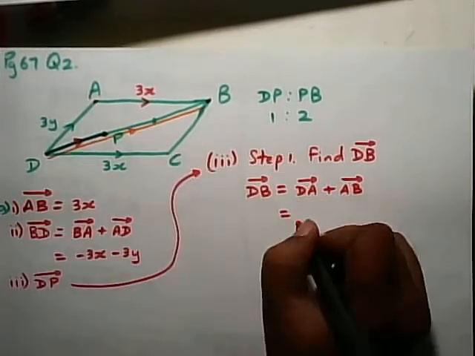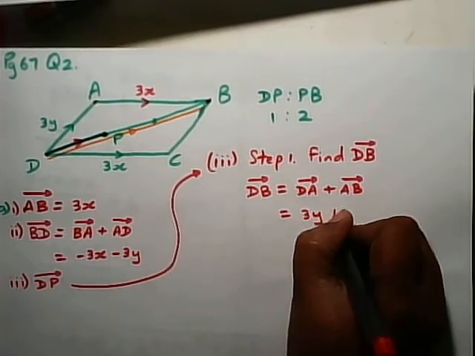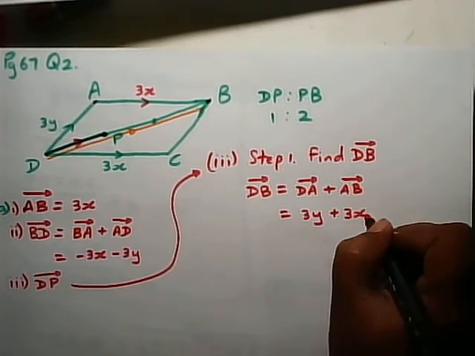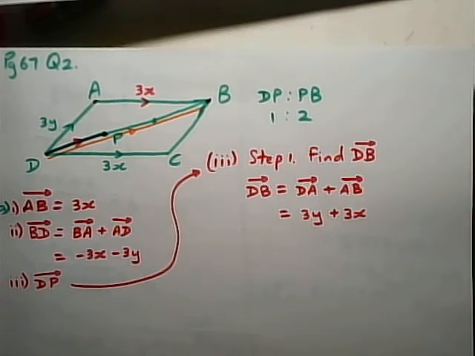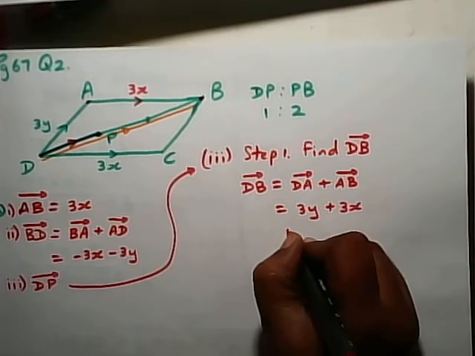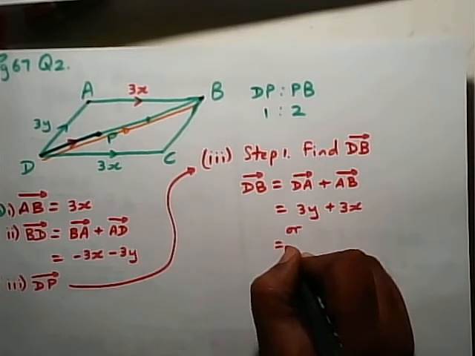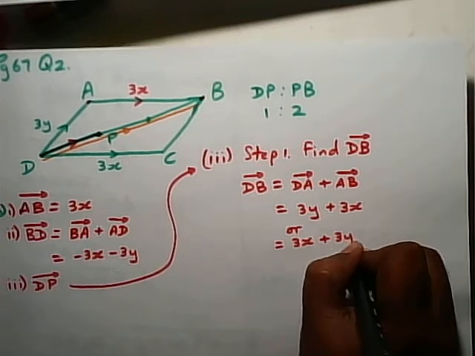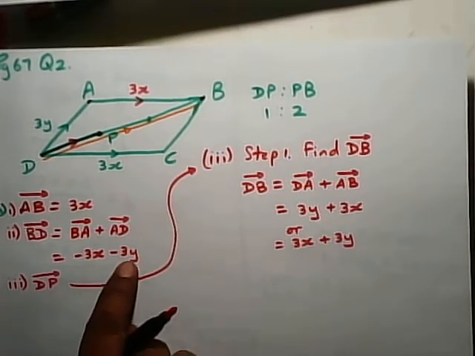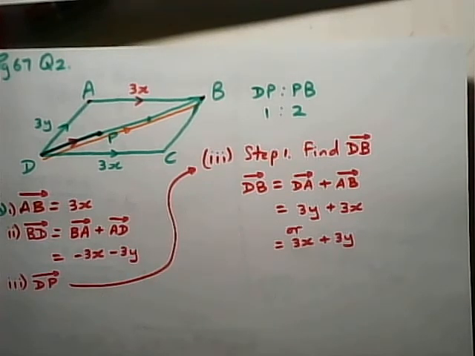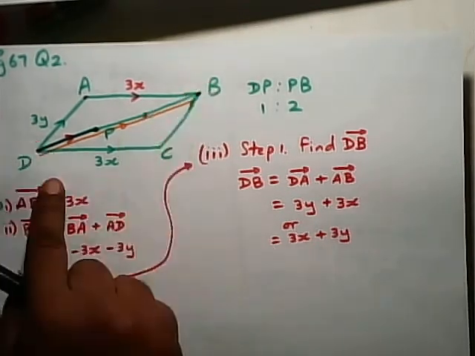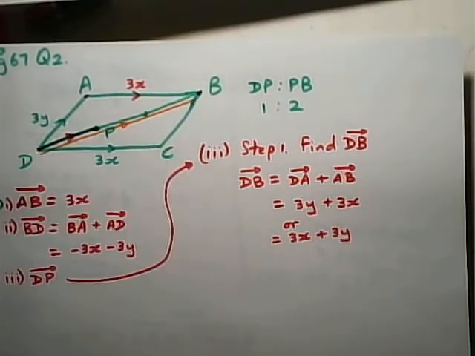DA is 3y plus 3x. Or we could say 3x plus 3y if you want to keep the x first and the y next. That is going here and then up here. A 3x first, then a 3y.